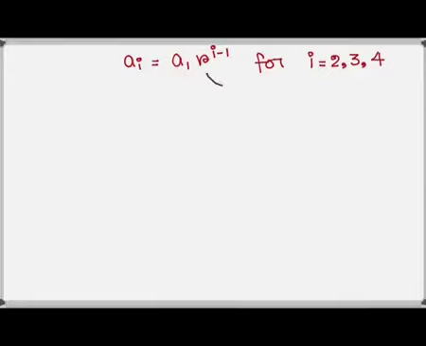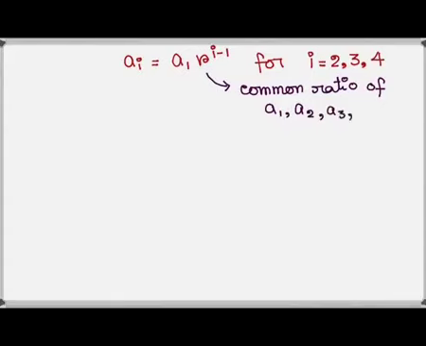Here this R is the common ratio of the geometric progression A1, A2, A3, A4. Let us make a small note here that A1 is not equal to 0 and R is not equal to 0, because if A1 is equal to 0 or R is equal to 0, then it contradicts the fact that Ai's are all distinct.